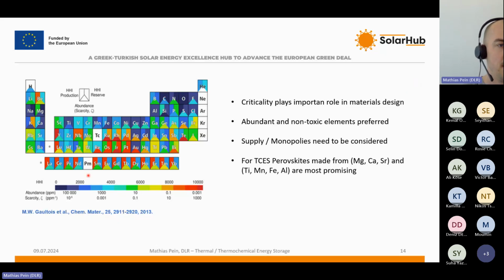As you can see, the more blue an element is shown on this periodic system, the more readily available it is. So the availability is high in the Earth crust, and all of these materials I've mentioned are essentially on the blue side here. So they are abundant, and no issues are there with criticality.